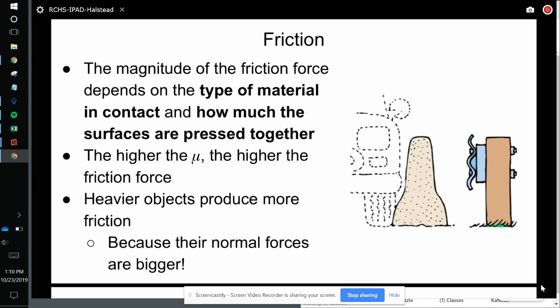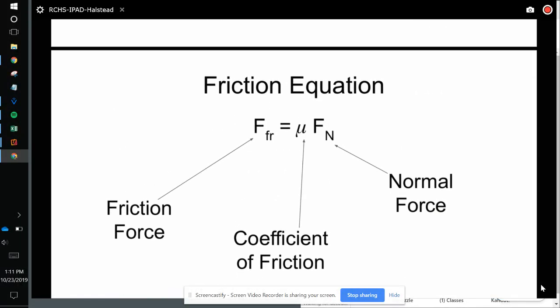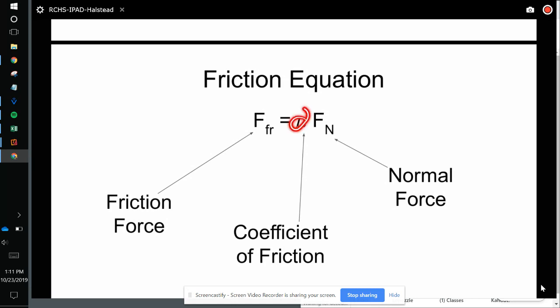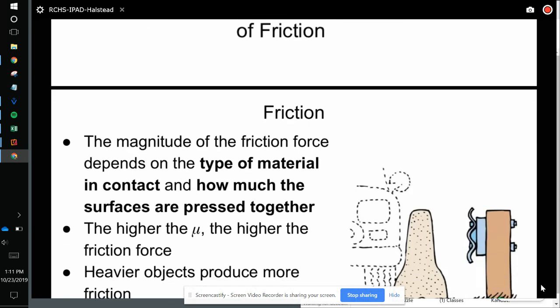If the surfaces are pressed together a lot, it's because the object is heavy and therefore the normal force is high. So if we look at that equation again, if mu is high or if normal force is high, then the friction force is going to be high. So that's what it depends on, the surface type and how much those things are pressed together.